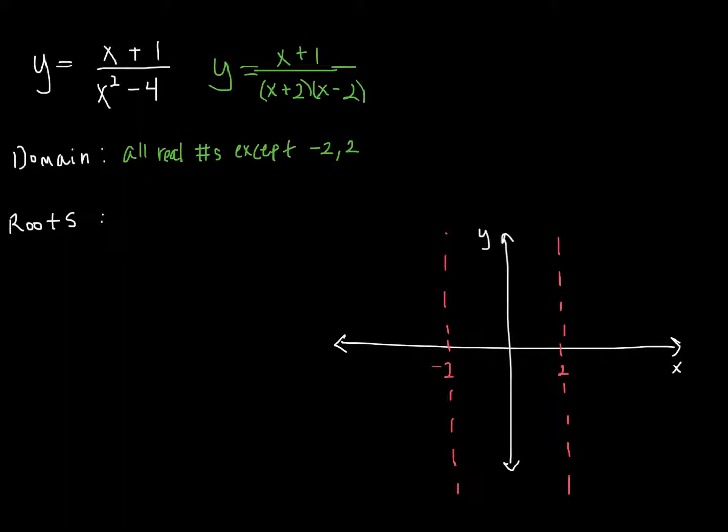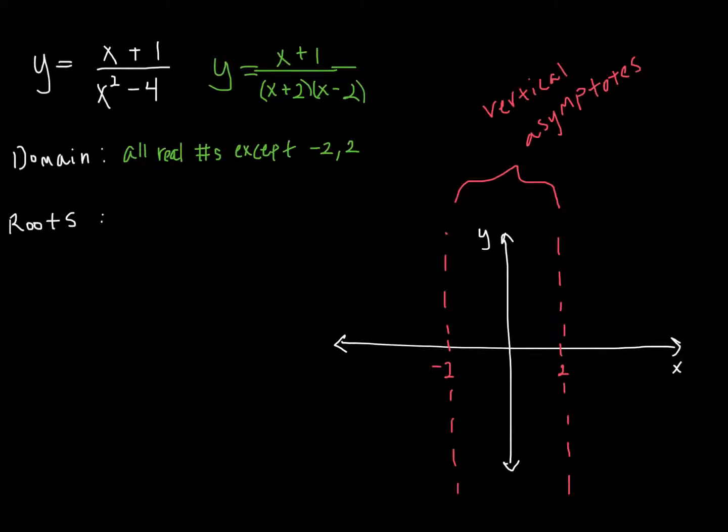And these are what we call vertical asymptotes. Obviously they're vertical, and asymptote is a word that we'll see a good deal more of, and I'll explain a little later what it means. But for now it suffices to know that we'll never have a point that touches either of these lines in our graph, because we can never have an x value of 2 or negative 2.